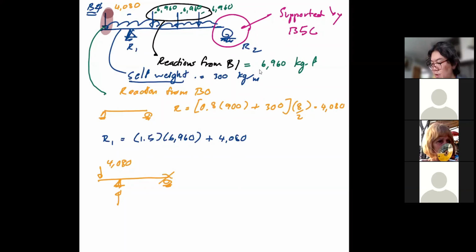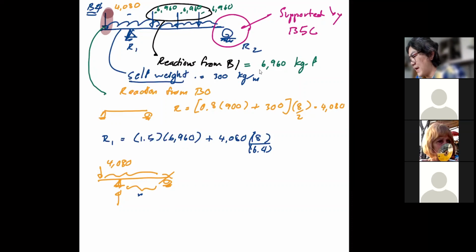Or you can do the ratio thing, that this one is greater and then that is a shorter distance. So it should give you the greater number. So this one would have to be equal to the total length, that is 8 meters, divided by this distance, which is equal to 6.4, right? So that is the effect of R1 caused by 4080.